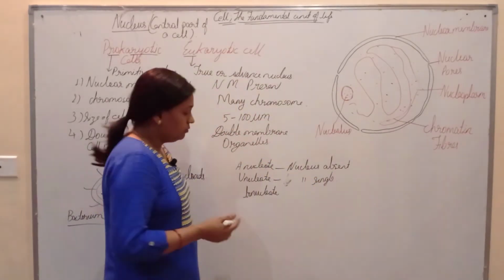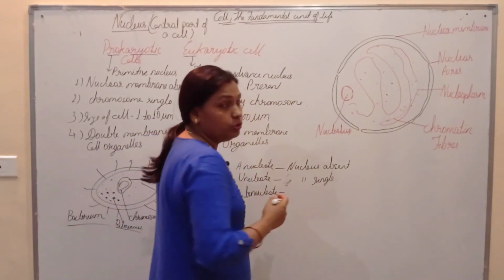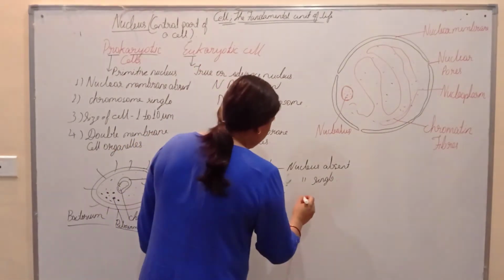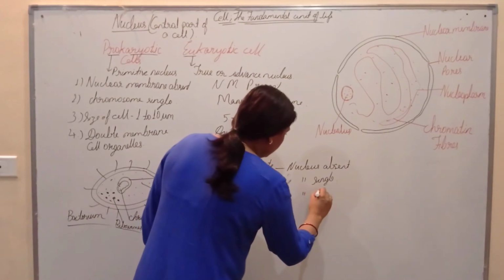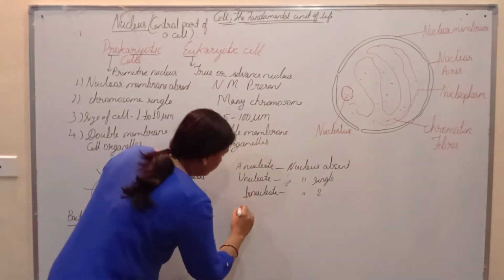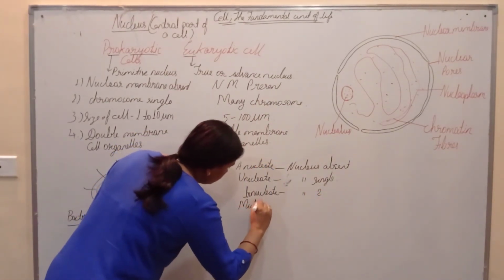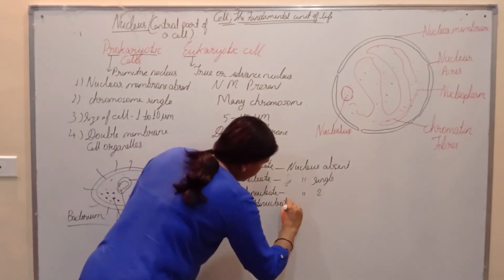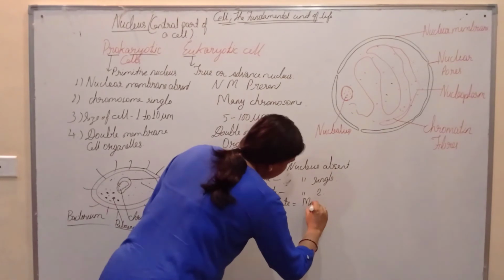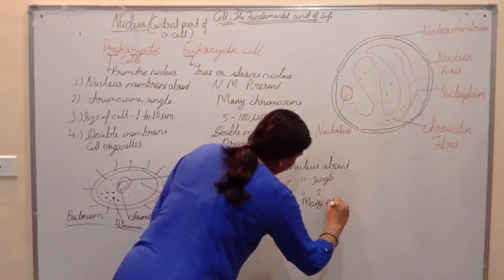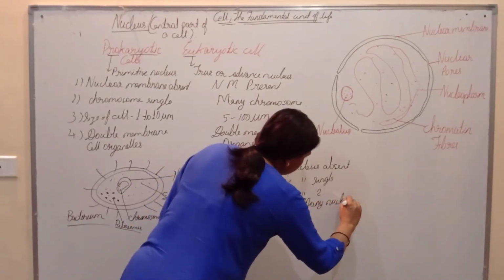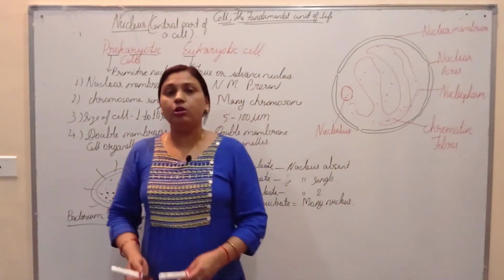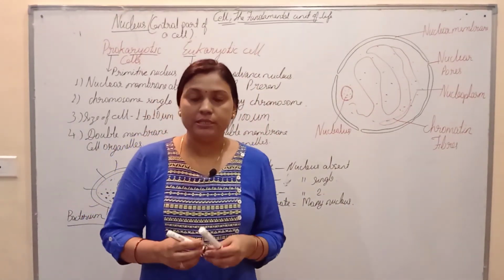When two nuclei are found, it is called binucleate. And multinucleate means many nuclei are found, so this is called multinucleate cells.